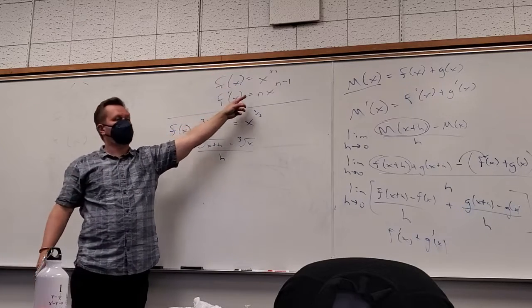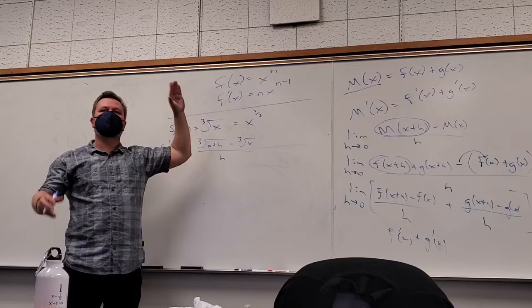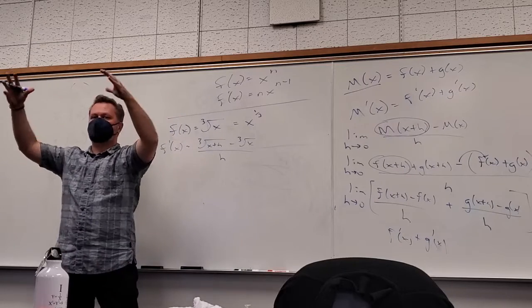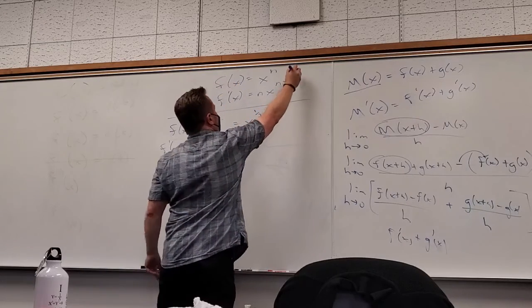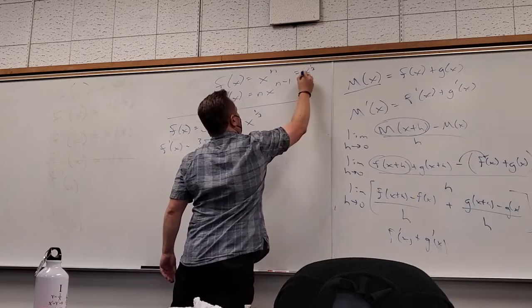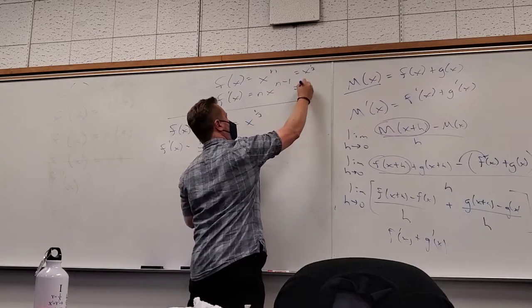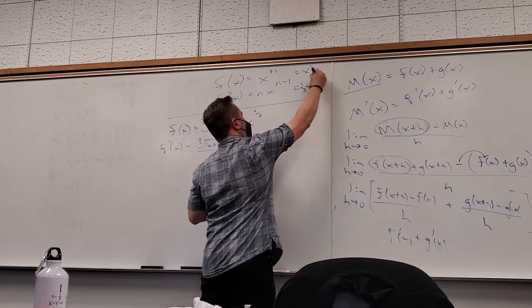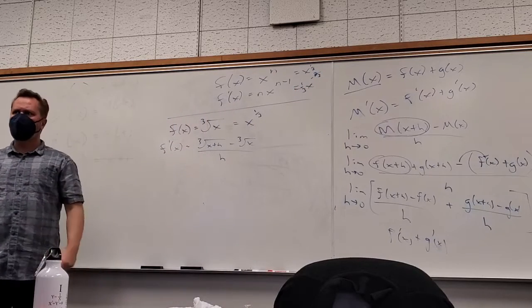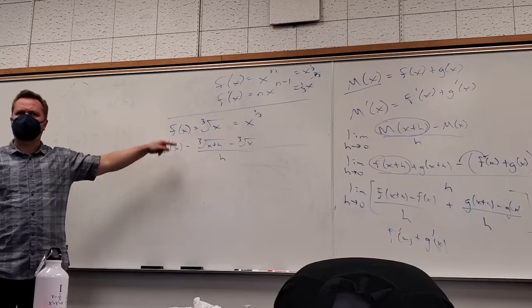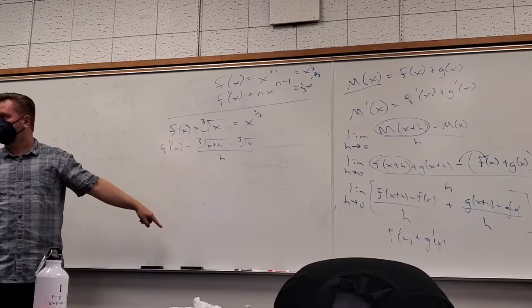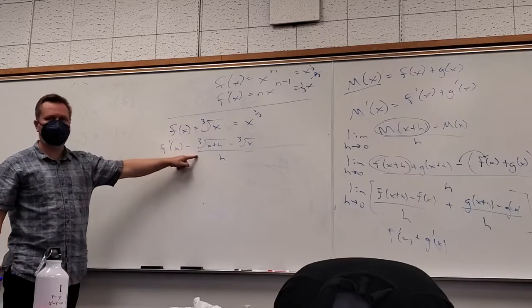Can somebody tell me, if this is x to the 1/3, what answer should we get here? 1/3 x to the negative 2/3. I love it. So I know if that's supposed to work, I better get that answer from this process here, because this is the basic definition of derivative.